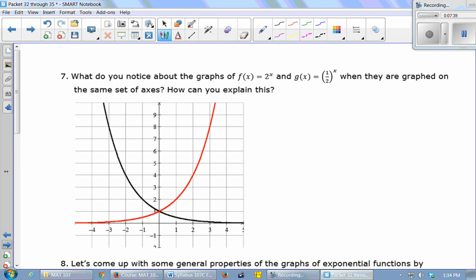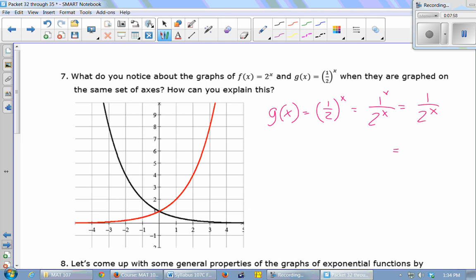But if I write g of x equals 1/2 to the x, right? That's the same thing as saying 1 over 2 to the x, because I put the x on both things, 1 to the x over 2 to the x. But then 1 to the x is just 1, 2 to the x.